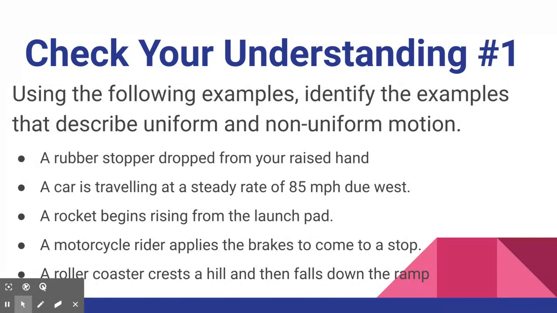So if there's nothing that tells you that there's a change in speed, and absolutely nothing that tells you there's a change in direction, you have uniform motion. But if you do have something that says you're changing direction or your speed is changing, then that is where you have non-uniform motion.